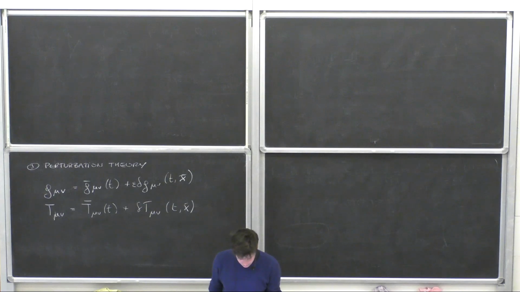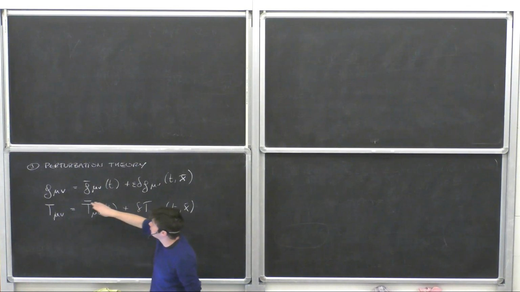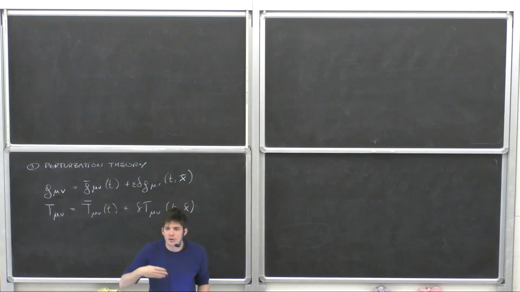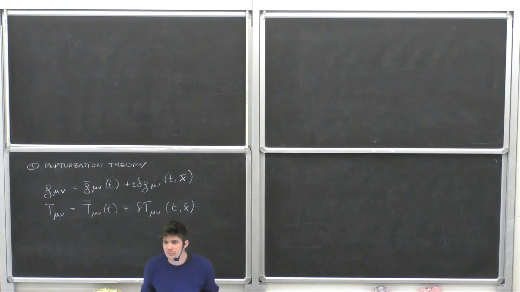But if you're interested in more formal things, this is one of the perturbation theory open problems, that we can't really define small. Why? Well, it boils down to the fact that the components of the metric have no physical meaning. You can easily change coordinate frame and alter arbitrarily the components of the metric.